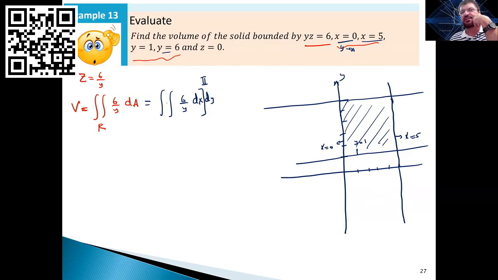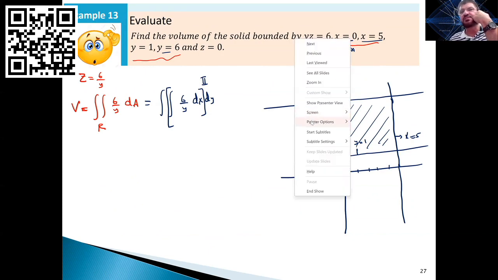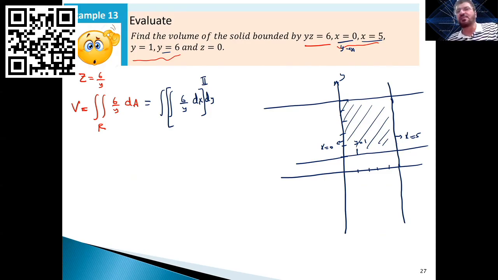Okay, look inside here. If I want to integrate this one, that's easy. The integration of 6 over y, x, right? So now we can make it a region of type 2. Region of type 2 means what? Means we are going to have a horizontal line. This line is going to start with y equal 1 on the outside.